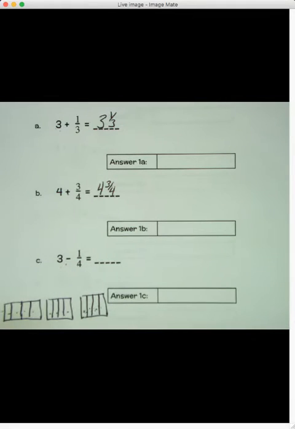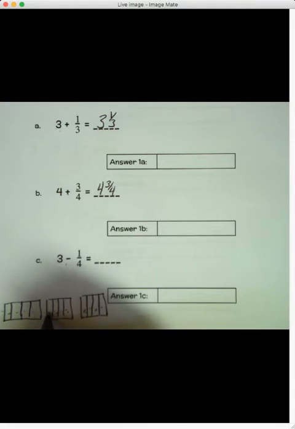I keep getting calls. So we have split this 3 into 3 wholes, and then we took each whole and split it into fourths. How many fourths do we have altogether? 1, 2, 3, 4, 5, 6, 7, 8, 9, 10, 11, 12.